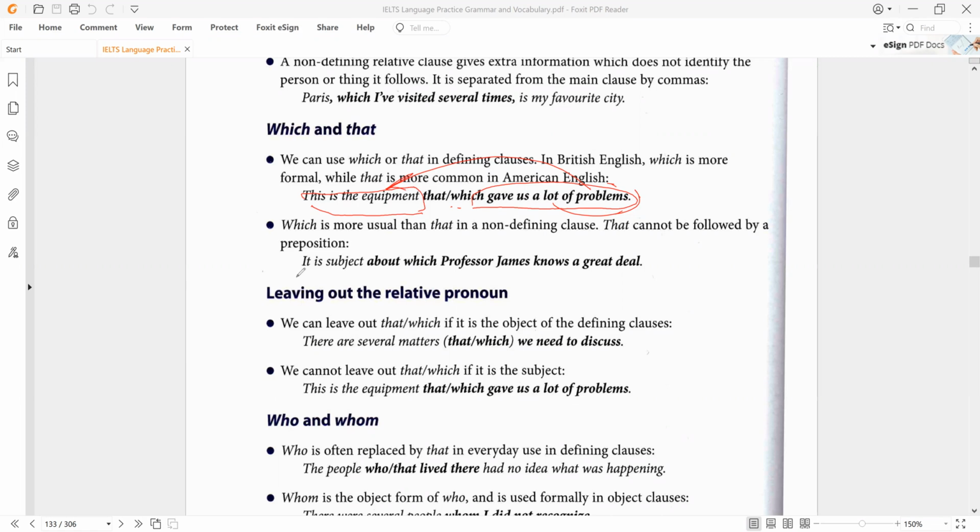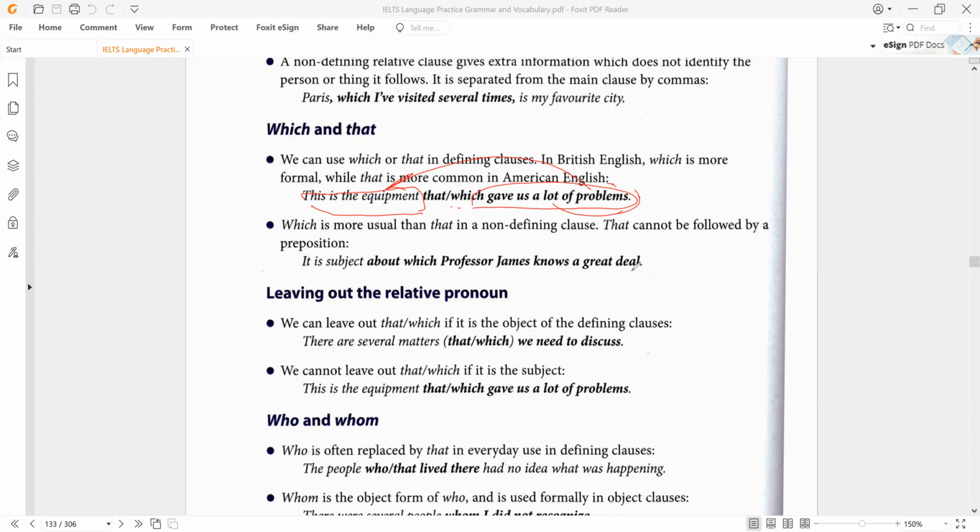Okay, it is a subject about which Professor James knows a great deal. اللي هي it is a subject about which Professor James knows a great deal. Yes, what does it mean here?